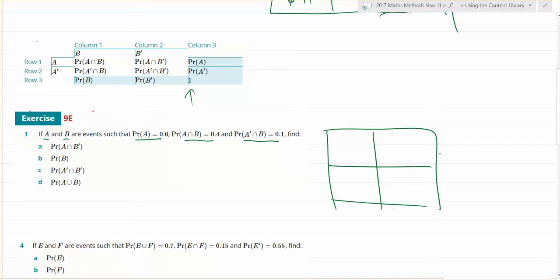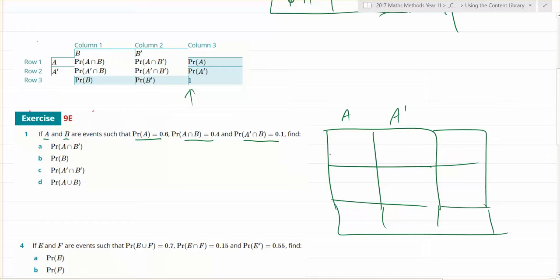You have 4 squares and extra squares over here, and we label them A, not A, B, not B. We're given the probability of A, so the total of A is 0.6. A intersection B is 0.4. B only is 0.1.